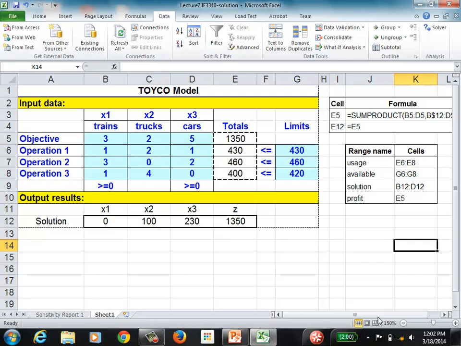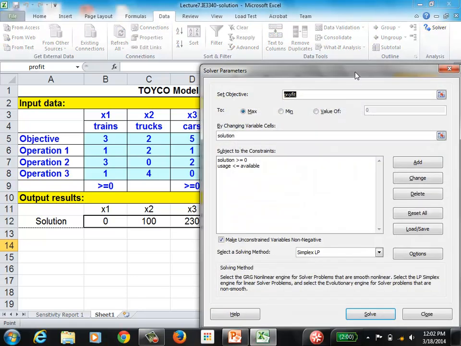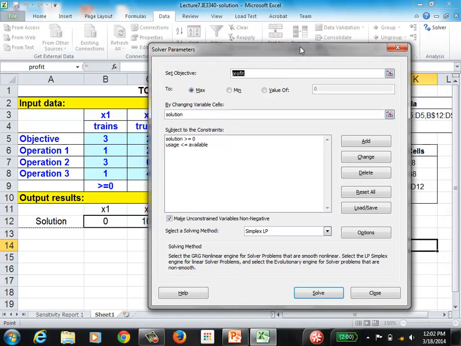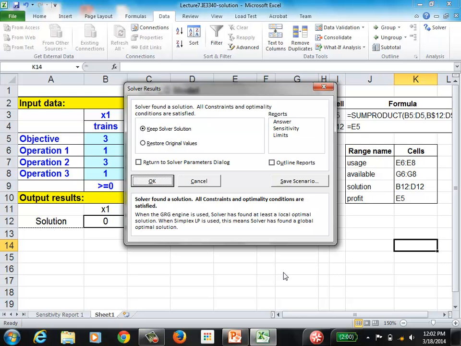If you want to generate the sensitivity analysis report in Excel, you go to Solver. Here you're going to have your model. So when you solve your model, this is the screen that you'll see. Excel also asks you if you want to generate any extra reports.